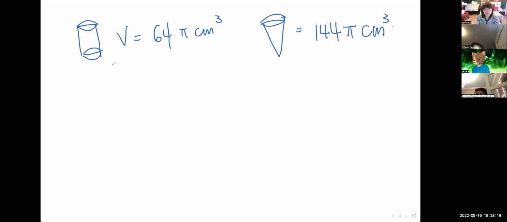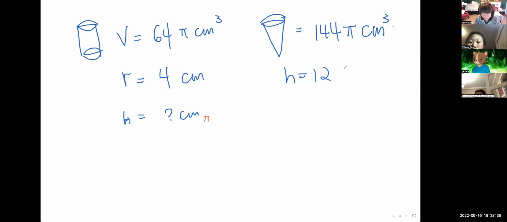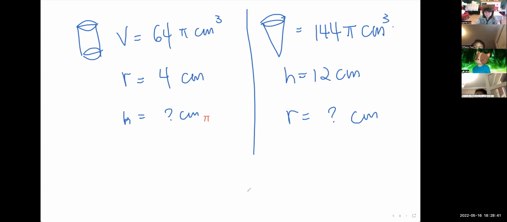The radius of this cylinder is 4 centimeters. So what is the height of this cylinder? And the height of the cone is 12 centimeters. What is the radius of this one? Okay, everybody, 2 questions.